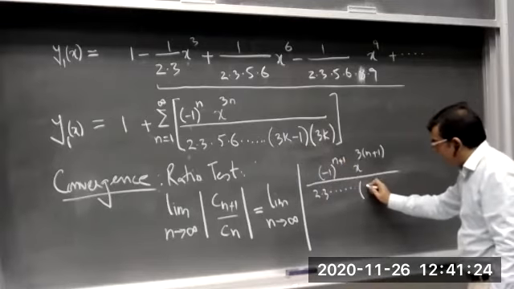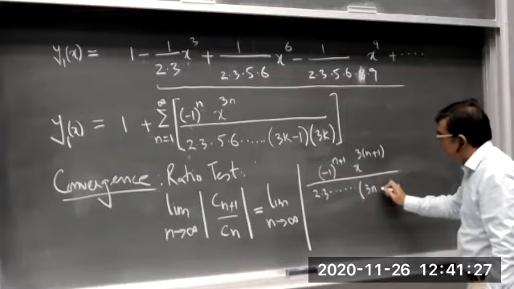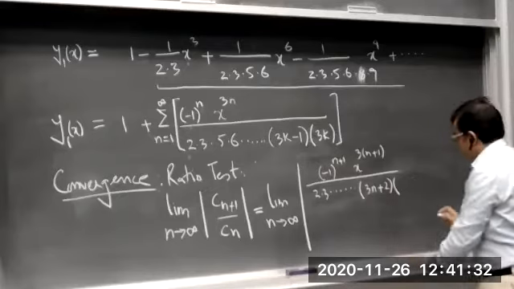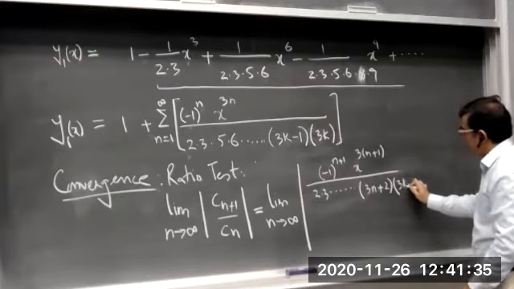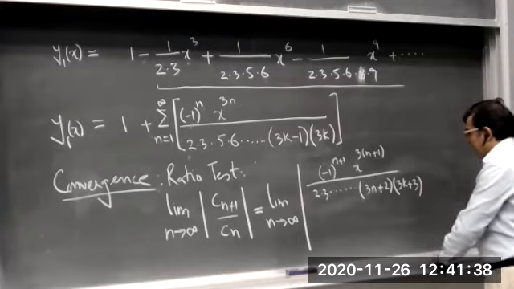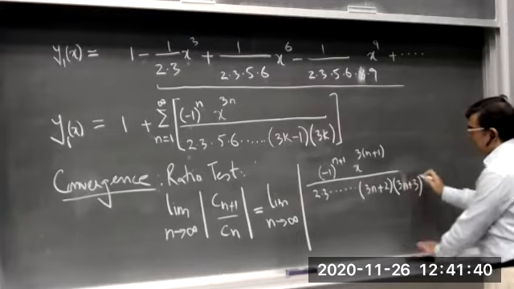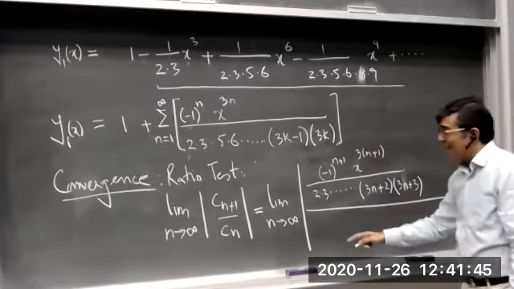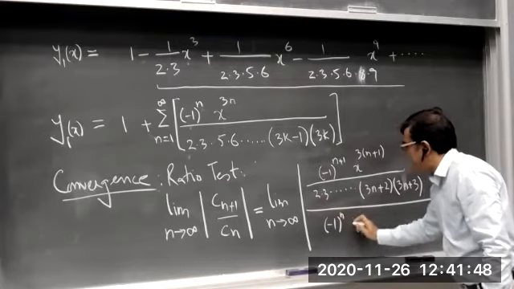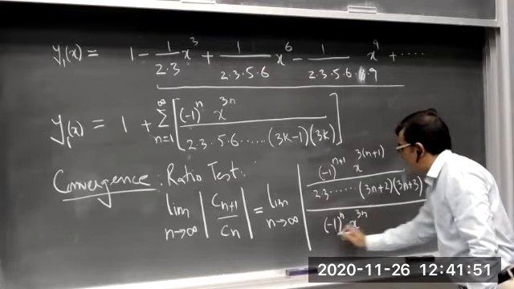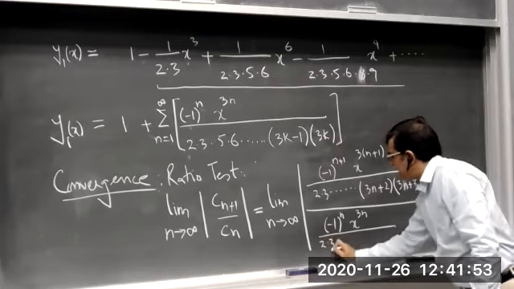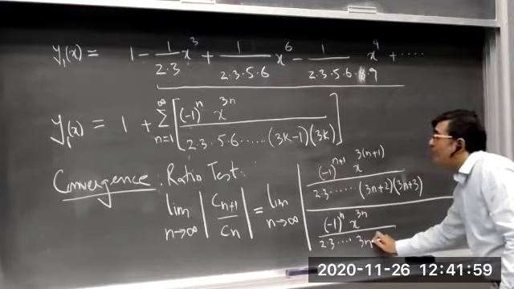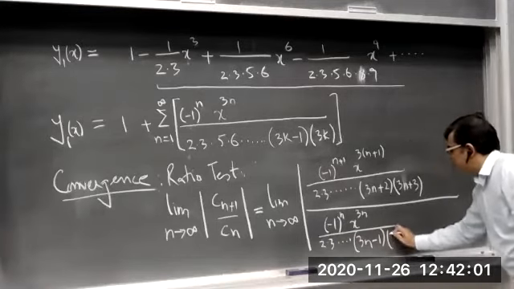So what do we obtain here? 3n plus 3 minus 1 is 3n plus 2, and then 3n plus 3, not k, here n. So this is your c_{n+1}. Now, whole divided by c_n. What is c_n? (Minus 1) raised to the power n, x raised to the power 3n, whole divided by 2 into 3 into so on, into 3n minus 1 into 3n.